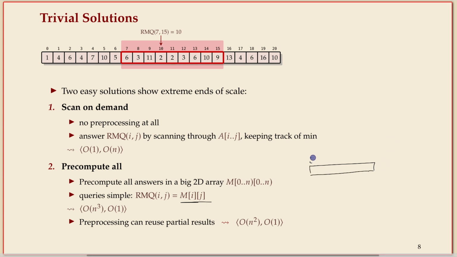Suppose you have some range i to j. If you're smart about the order in which you compute the answers, you could say, OK, that range is some range with one more element. So I look up, hopefully I have computed that first, the range that ends one element early. And now there's really two options for the minimum of the entire range. The minimum can either be the new element or it's the old minimum in the left.